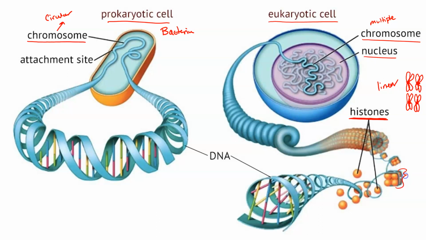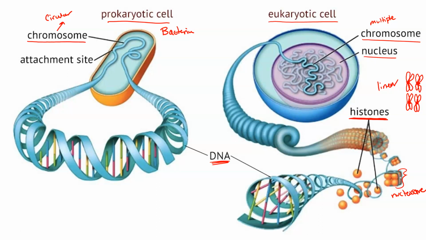This is a nucleosome, and those are instrumental in organizing this really big, long, linear molecule of DNA so that it not only fits into the eukaryotic nucleus, but also allows gene expression to be regulated.